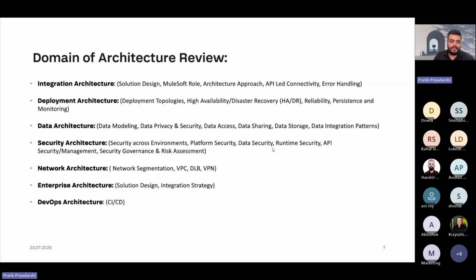So in data architecture, we evaluate how your data is modeled. We check if you are following the best practices that ensure consistency and normalization, or maybe there is any poor schema design which is silently duplicating some sensitive fields. We also examine your access patterns. So we give you confidence about who can query what and from where. Maybe you expose an API which exposes certain data for German employees, right?